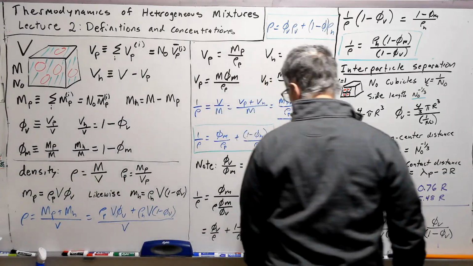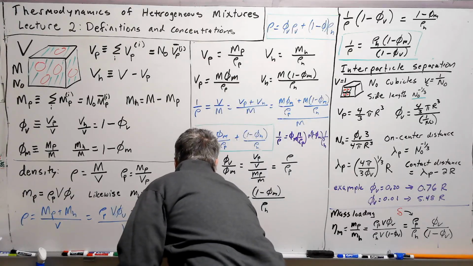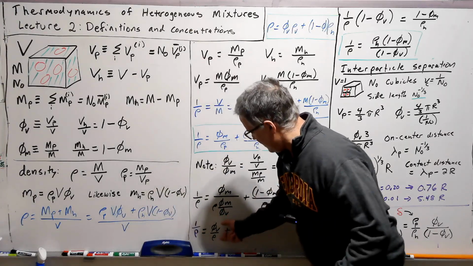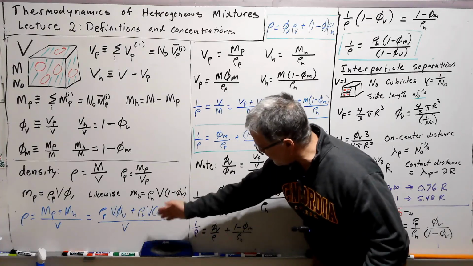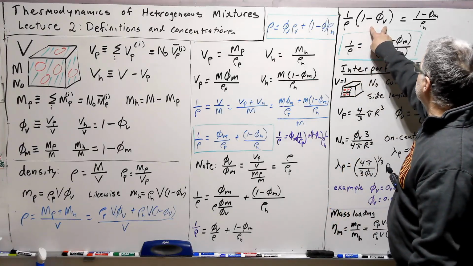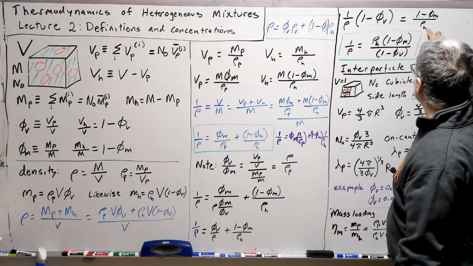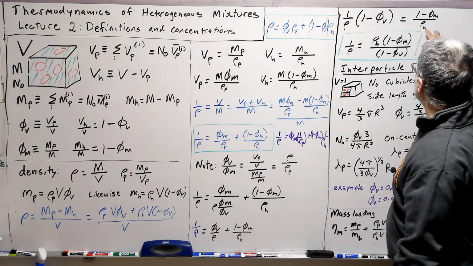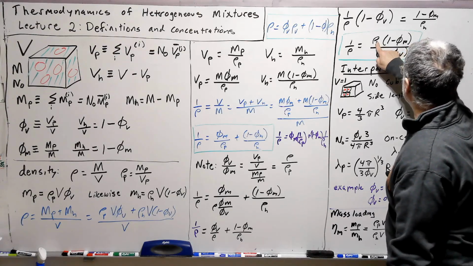Now, let me write this here. I'm going to take this over to this side. So it's going to be this minus this, and then I'm going to pull out a 1 over rho. So I pull out a 1 over rho and get this. Now I'm going to bring this over to this side. Yeah, I have a mistake here.